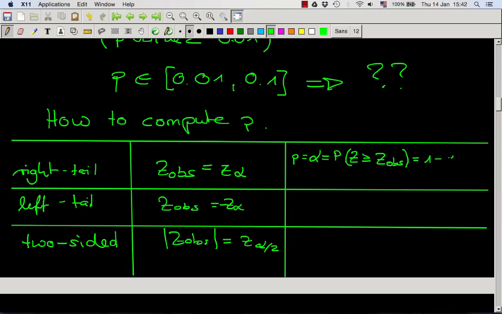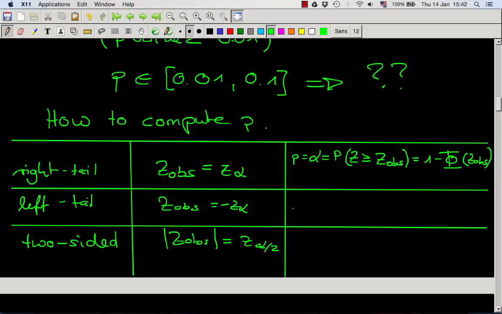And this is 1 minus phi of z_ops in that case. For the left tail, we have minus z_alpha, because we are comparing on the left side.